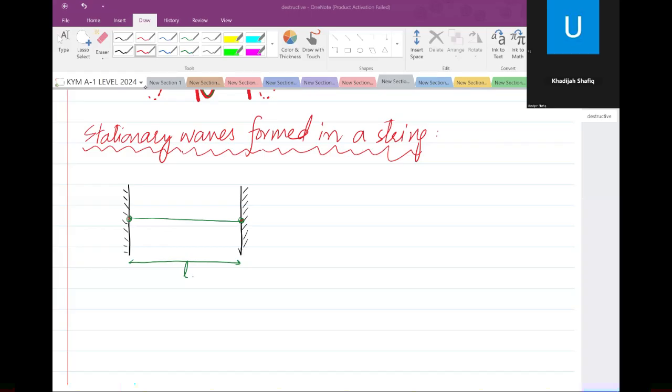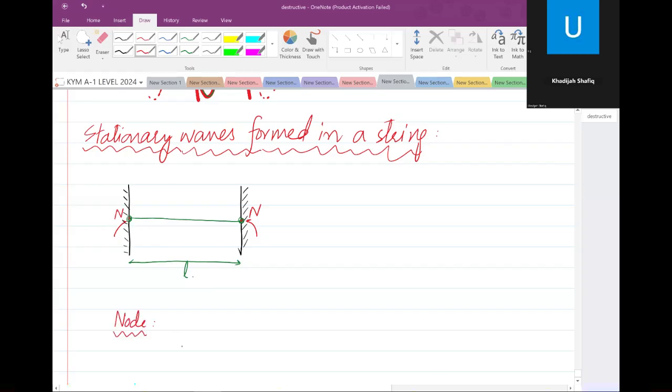All right, that's great. I was talking about the string. Wherever you pluck it from, the particles are going to vibrate up and down. But the particles that are fixed with the rigid surface are not going to move. Why? Because they're fixed. So these particles are called nodes. So what is a node?